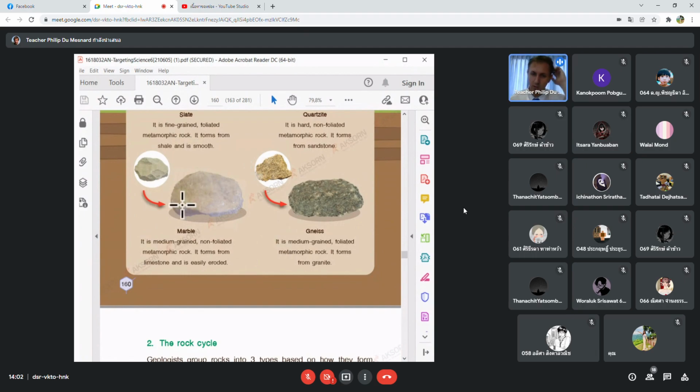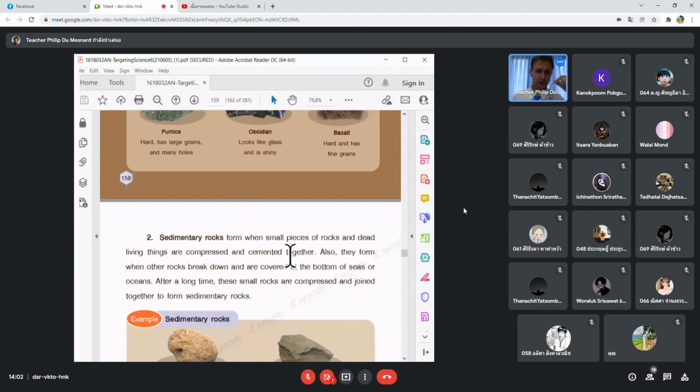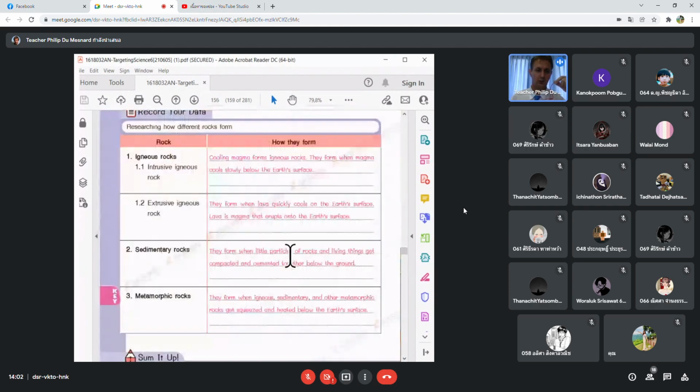Okay, so let's ask some questions about these rocks. Okay, class, I will ask you the question and you have to say what rock it is. First question. Which rock has fossils? Class, are you there?